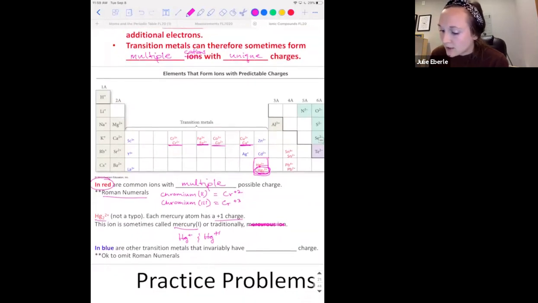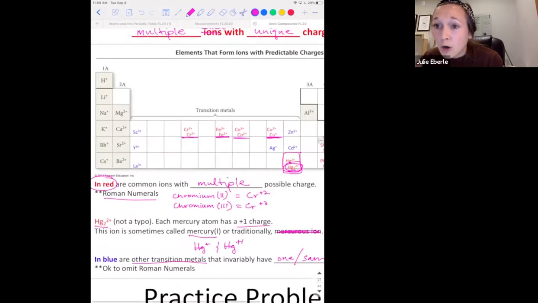Okay, in blue though, these are other transition metals that invariably have 1 charge, the same charge. They don't have multiple possible cations. They just form 1 cation. And in that case, it's okay to omit the Roman numerals because you're not trying to differentiate.